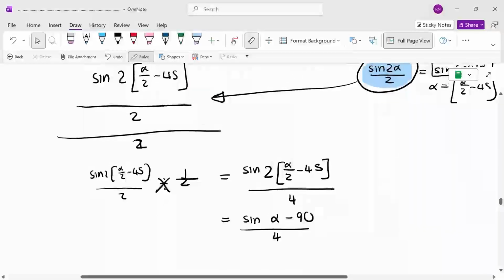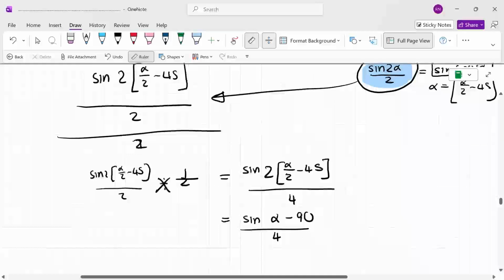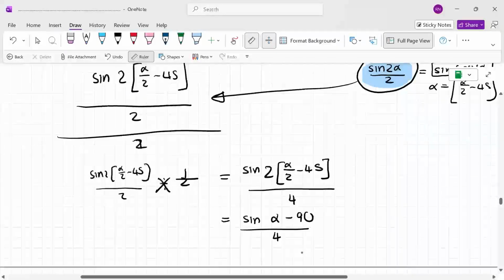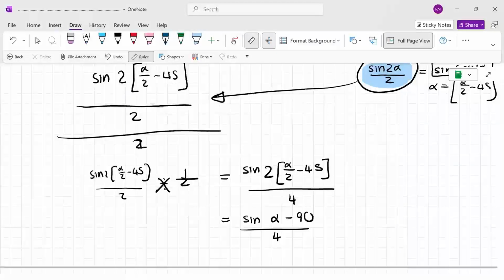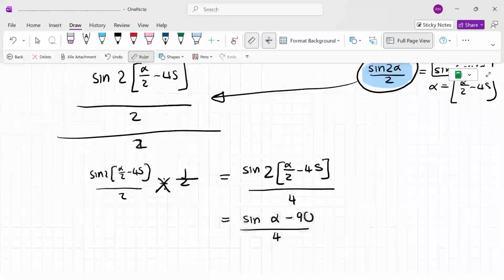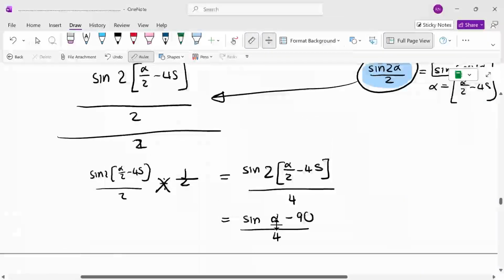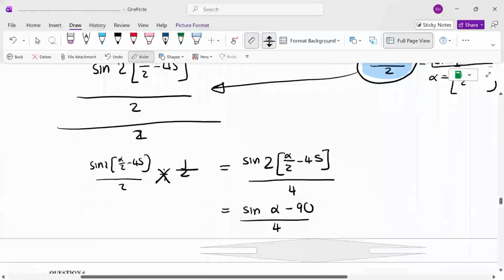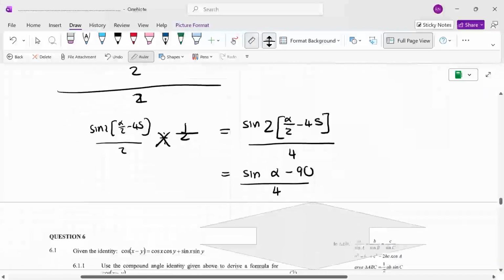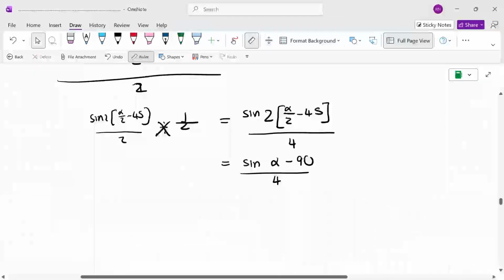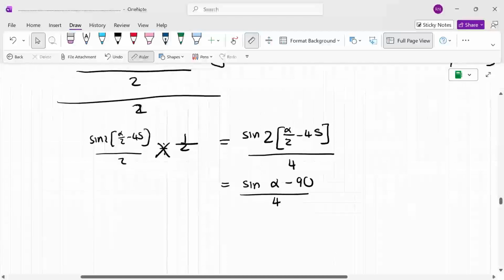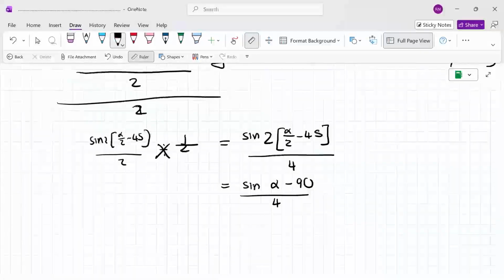Now, sine of alpha minus 90 kind of feels familiar, but it's not really what we know in terms of cofunctions, right? Because our cofunctions say it's supposed to be 90 minus something or 90 plus something. So this is not at our cofunction level yet, but we can change it to our cofunction level.